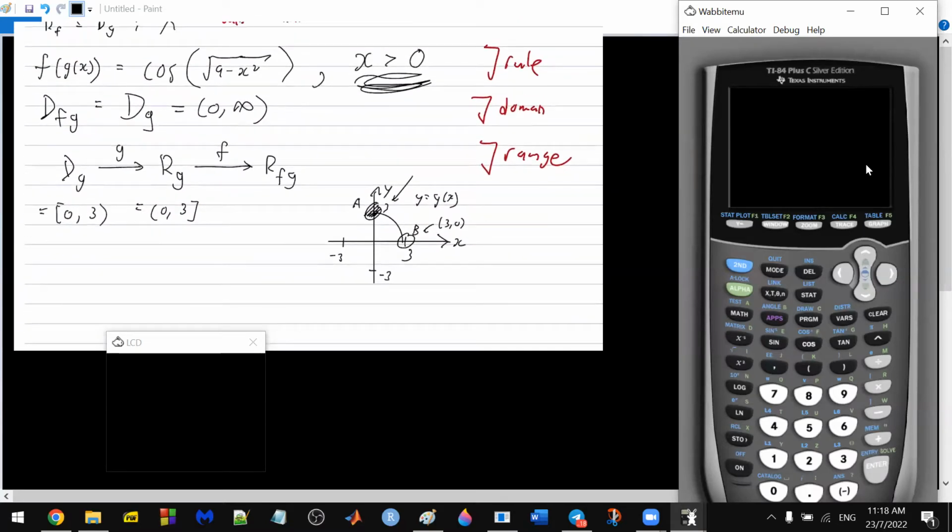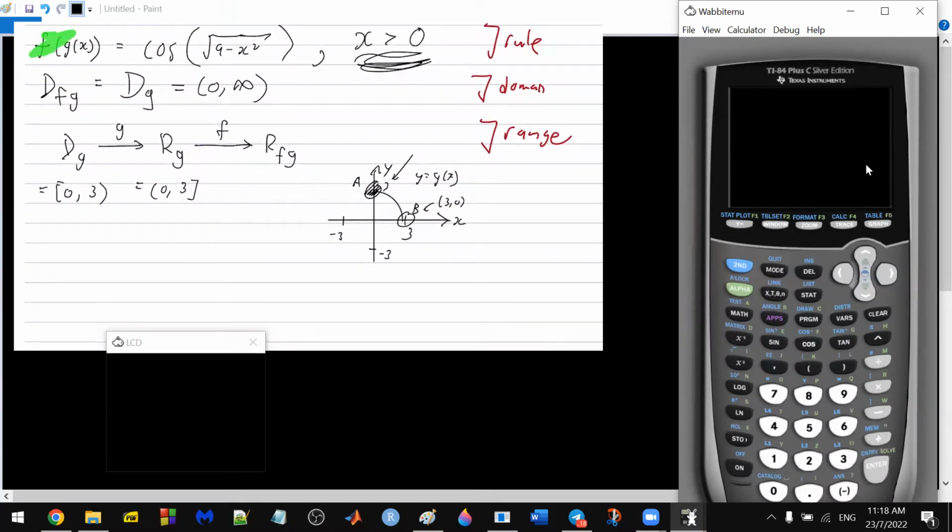So we currently have a composite function fg, and there's an inner function g and outer function f. So how do you get the range of fg? You need to go step by step from the inner to the outer. Start with the inner function g. Get the domain, pass it into the inner function, then you get the corresponding range of g.